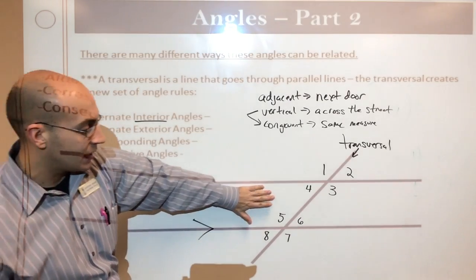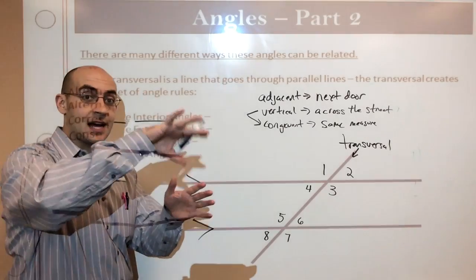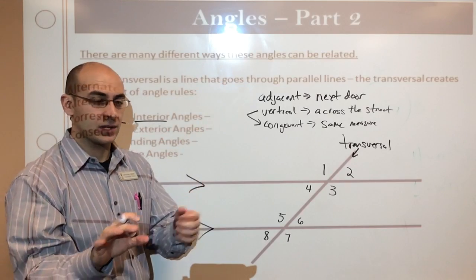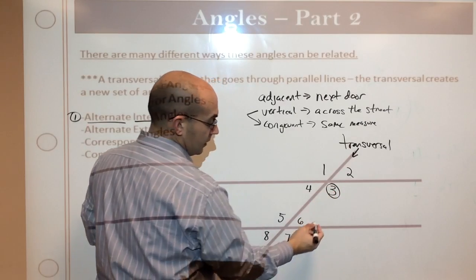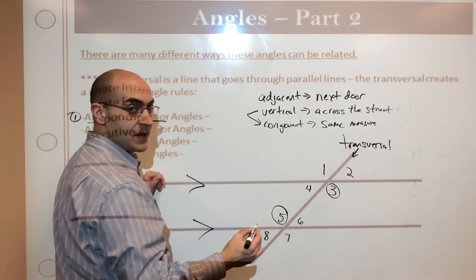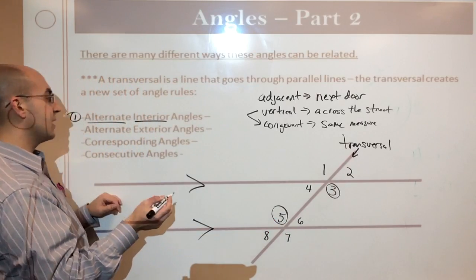So first of all, we're going to identify angles that are in here. Alternate means that they're not on the same side. They're alternating sides. So angle 3 is interior, and it's alternating with angle 5. So angle 3 and angle 5 are alternate interior angles.